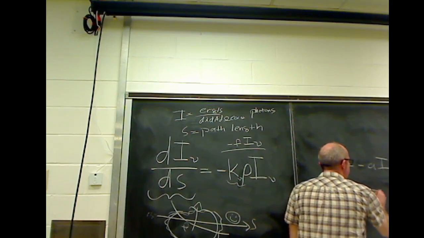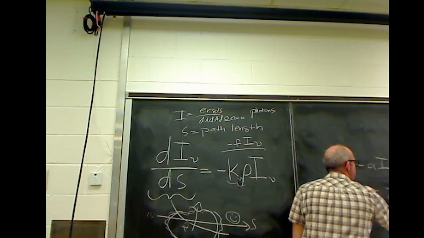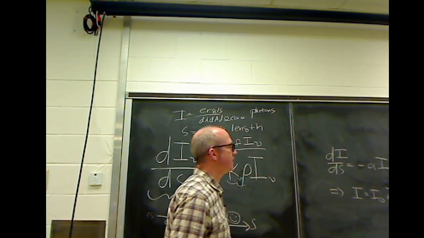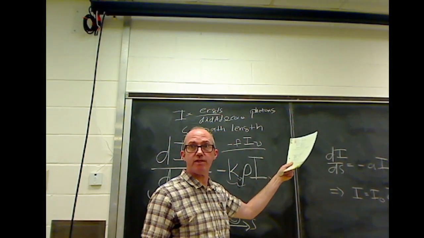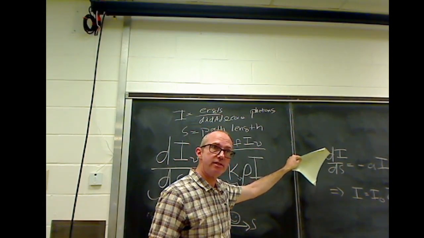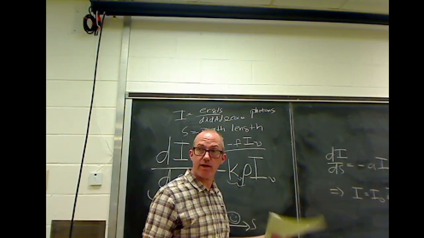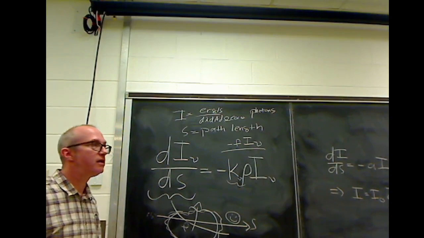I equals I naught, this is the radiation at the source, e to the minus a times s. You don't just memorize that equation. I don't tell you to memorize very many equations, but don't memorize the equation, memorize the differential equation. Forget about the I, you can swap out I for f or whatever else, all kinds of functions. So, in differential equations, we get I naught from initial conditions.